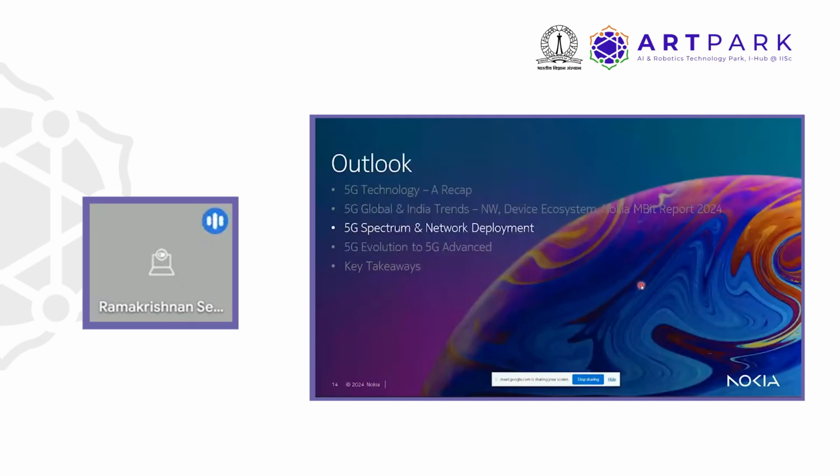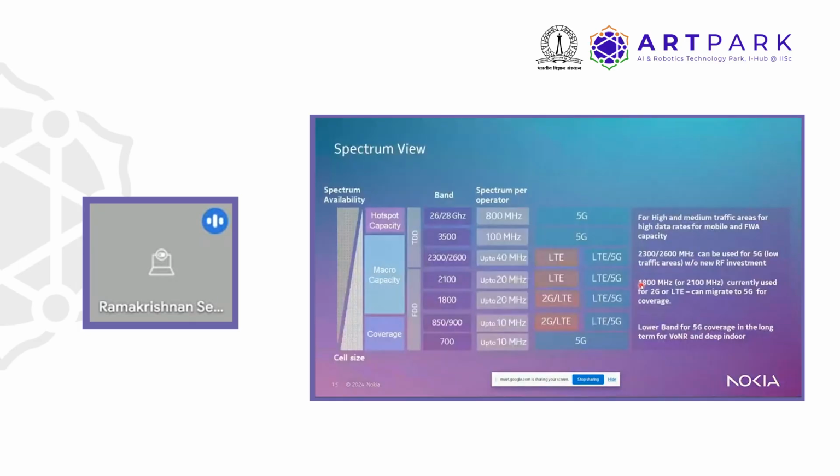Thanks. So next we look at the 5G spectrum and network deployment, which is the crux of the basic discussion point. From a spectrum perspective, these are primarily the spectrum bands in use in India across different operators. So 700 is B28, 850 and 900 are B5 and B8, 1800 megahertz is B3.